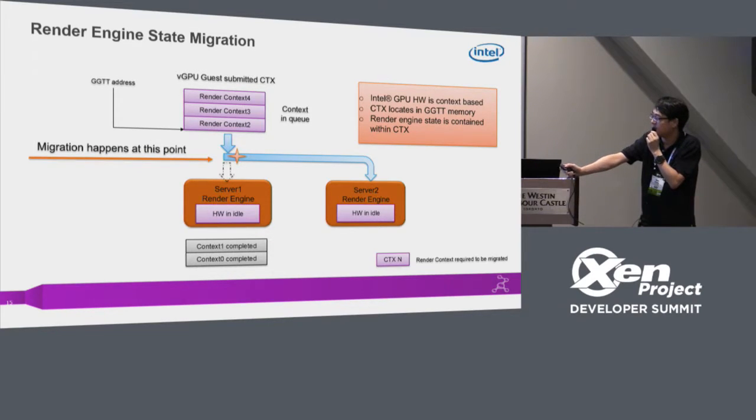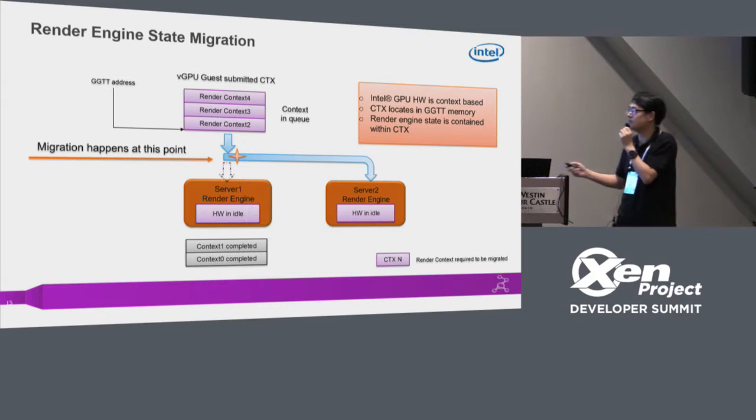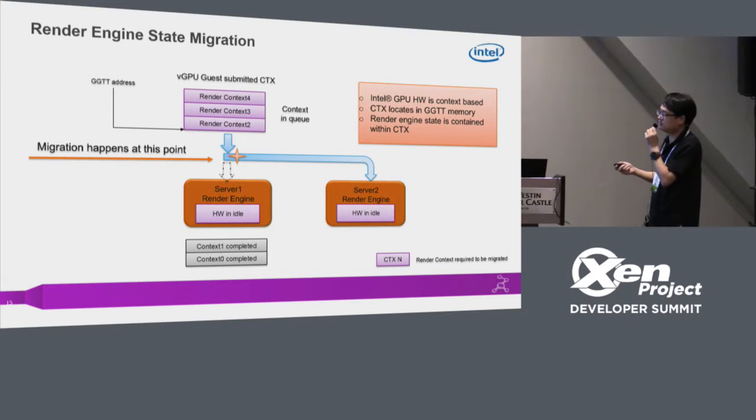So basically, the render engine will load the context, start to execute the context workload, and before it switches to the next context, for example context 3, it will save every render engine status into context 2. So here, the context itself already completely stores all the hardware status.